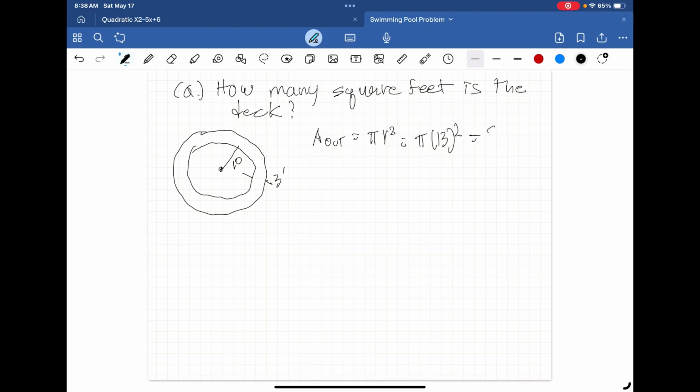That's equal to 530.9, and that's square feet. Now this is going to be the area of the pool, which is also pi times r squared. In this case, the radius is 10 feet, quantity squared, so that's equal to 100 pi.